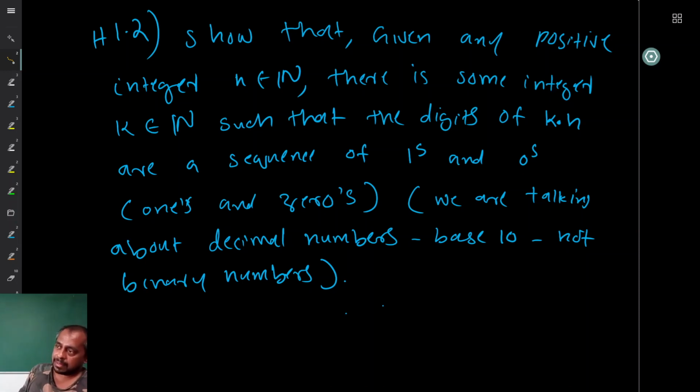Let us say you take 37, you know that 111 is a multiple of 37. If you want both ones and zeros, you can add zeros, of course. So I want you to show that no matter what number you give me, you can always find a multiple whose digits are just ones and zeros.